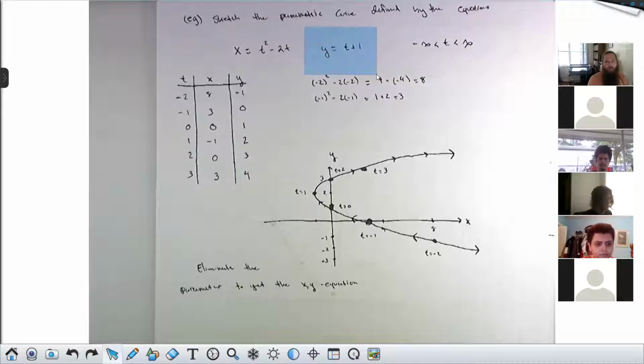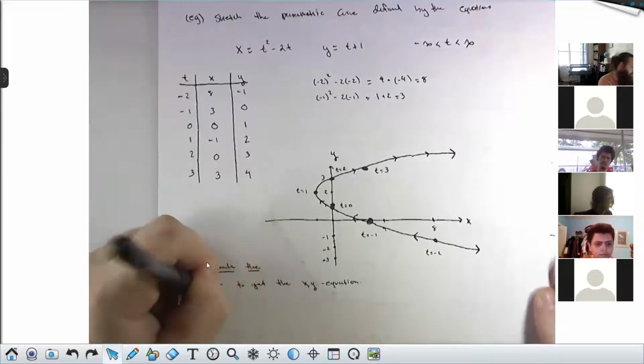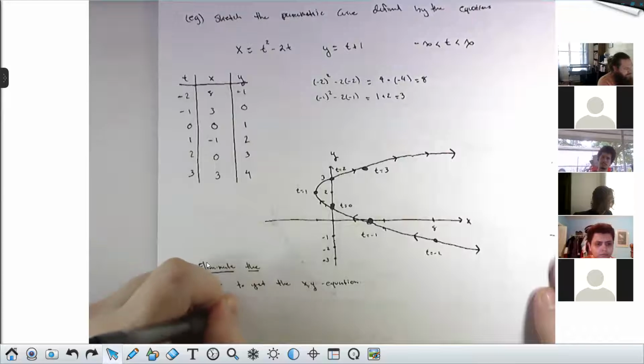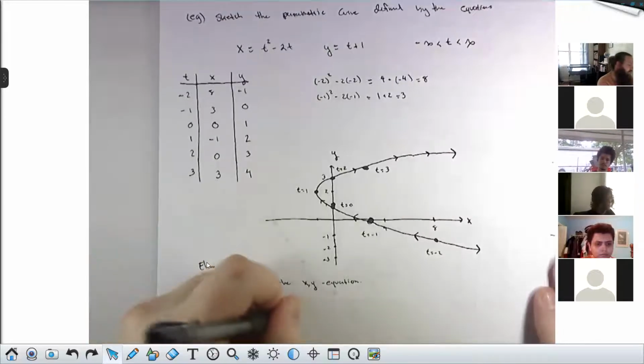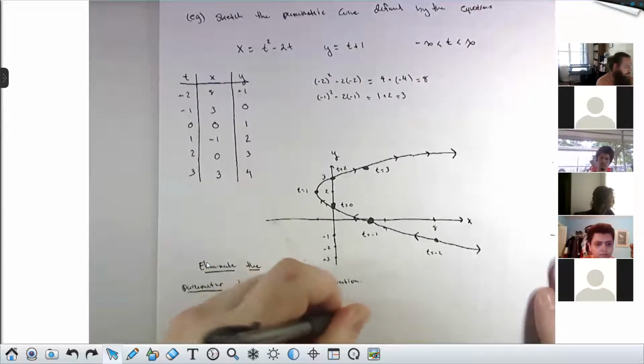So it'd be easier to start by solving this equation for t. Remember, to eliminate the parameter, most of the time you're going to solve one of the equations for t. So here, y equals t plus 1, that's easy to solve for t. I can subtract 1 from both sides, and I get y minus 1 is equal to t.